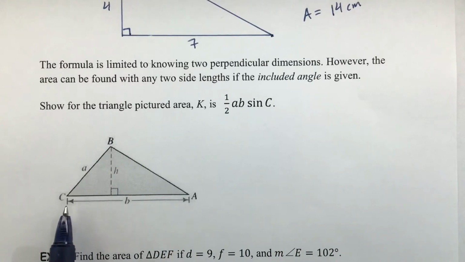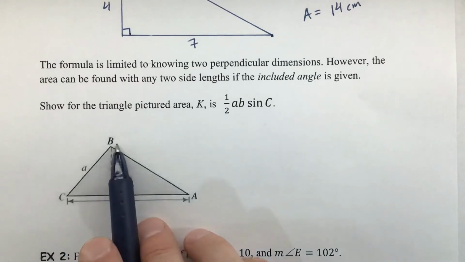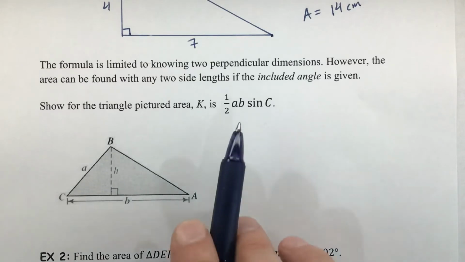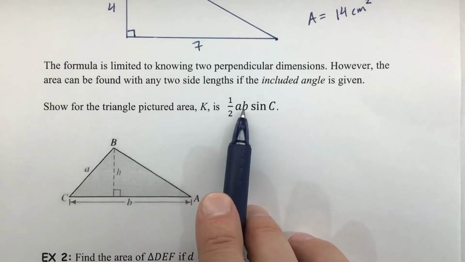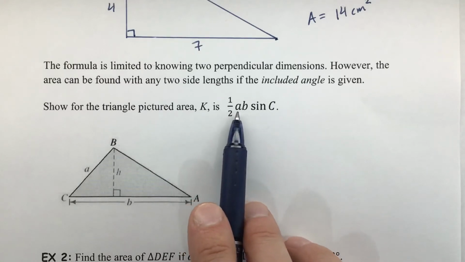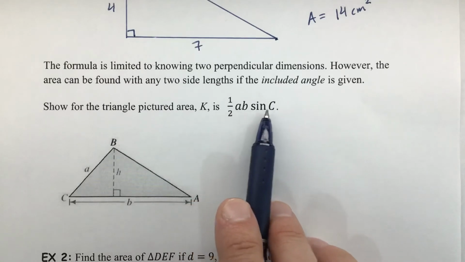So if I knew B and I knew A, and I also knew the angle that was here, that would still be good enough to calculate the area of the triangle. Okay, and it's going to turn out to be this formula here. Okay, it's going to still have a 1/2 like the other one. You're still going to have a product, but you can look at this extra factor as almost like an adjustment.